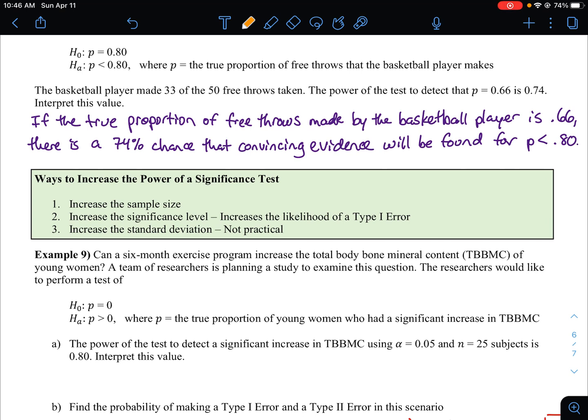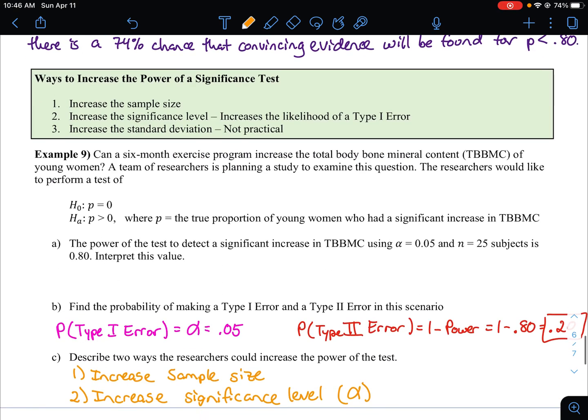The researchers would like to perform a test of the null hypothesis P is equal to 0, or in other words, 0% see a significant increase. Okay, there's no change. Whereas P greater than 0 is the alternative hypothesis, where P is the true proportion of young women who had a significant increase in TBBMC. Okay. Part A I'm just going to skip because, again, it's interpreting power.